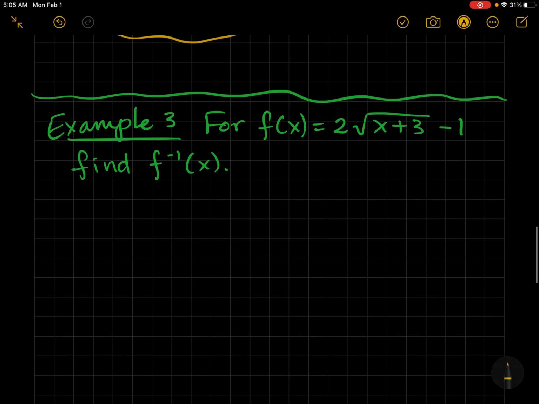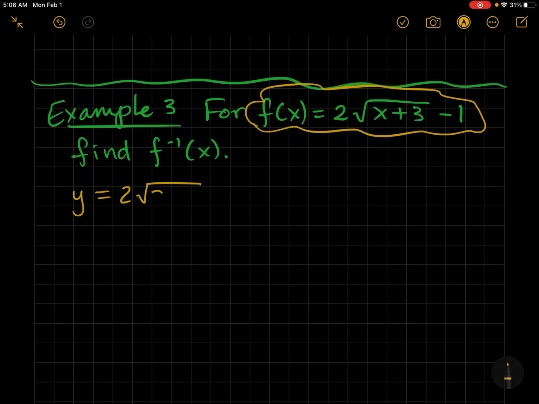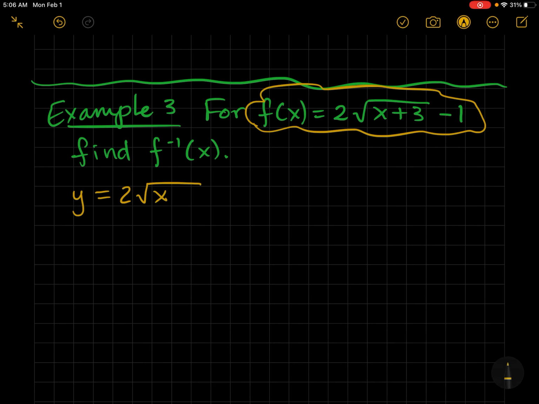Alrighty, let's see if we can follow those 4 steps again to find the inverse of this function right here. So remember, first, we're going to put the y instead of the f of x. Now, as we're working this out, you see a square root. So I want you to, first of all, think, well, we undo square roots with squares.